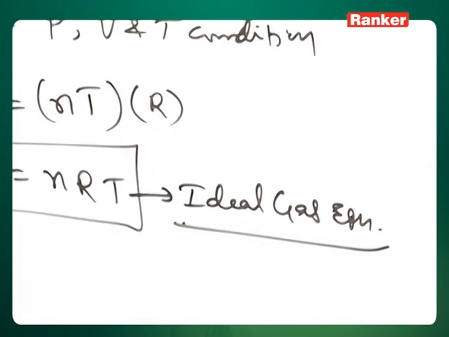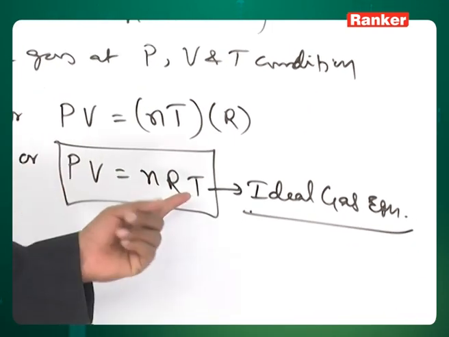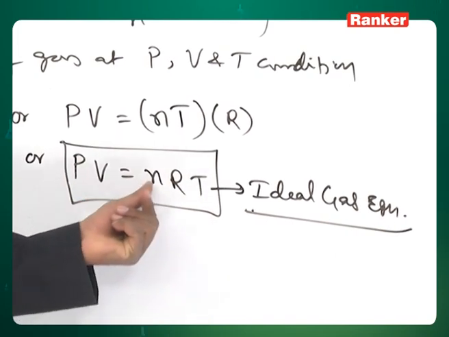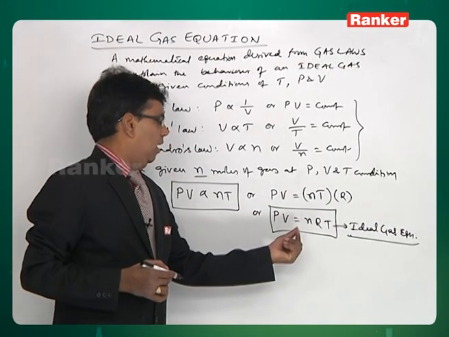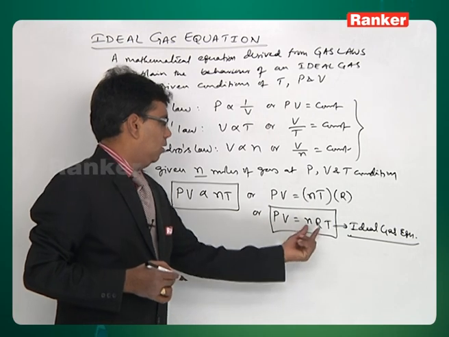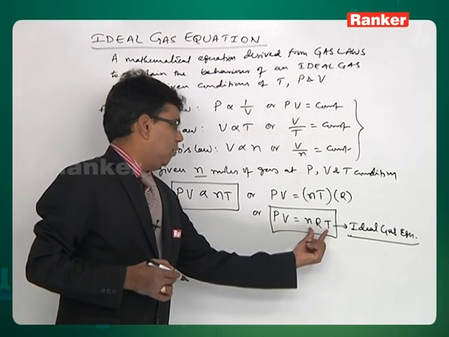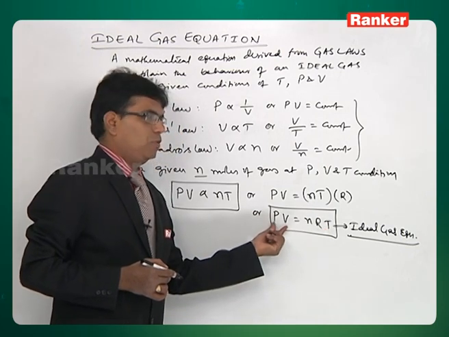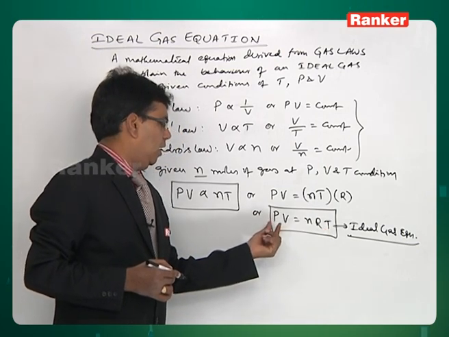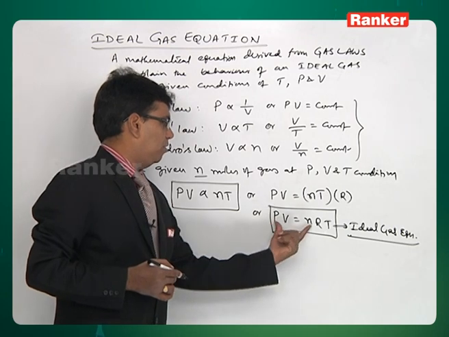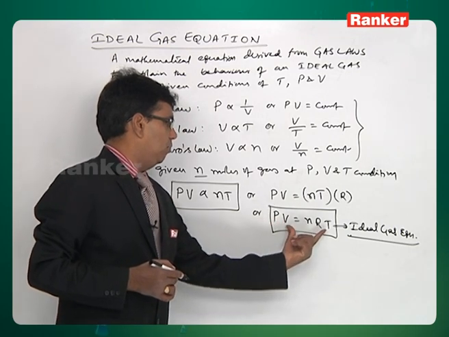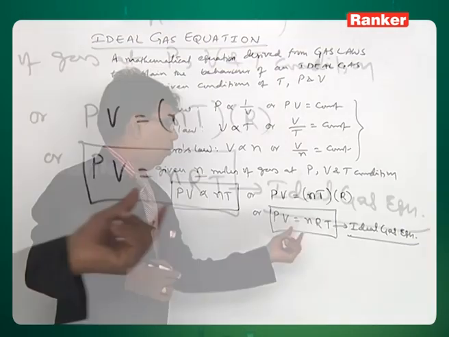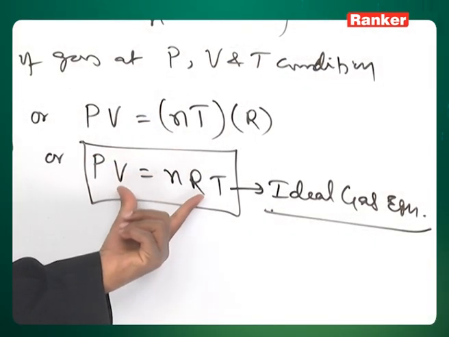So, at a given pressure and temperature, V is proportional to n. At a given temperature for a fixed amount of gas, P is proportional to 1 by V, and at a given pressure for a fixed amount of gas, V is proportional to T. So, all the gas laws combined together form this equation.